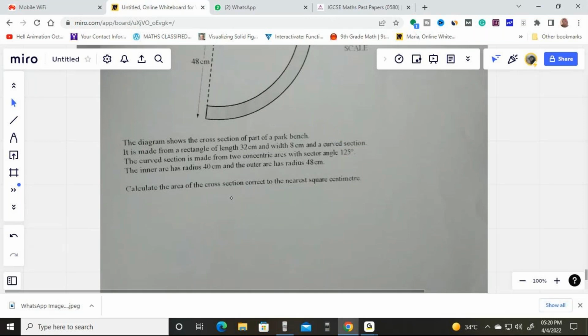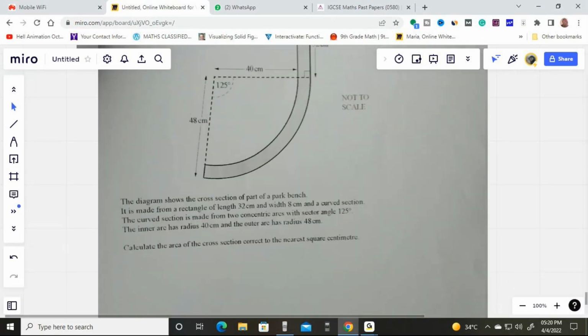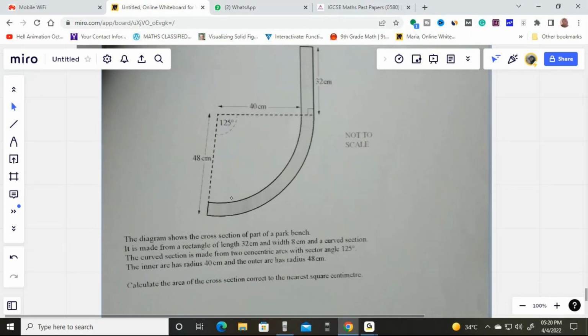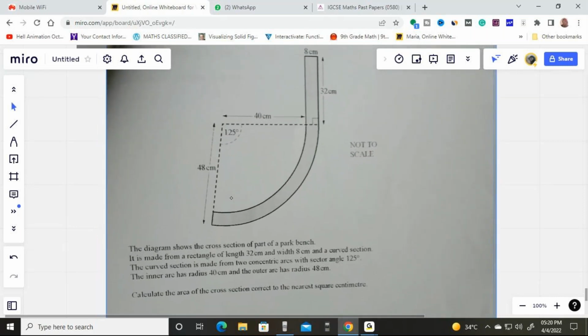Okay, what do we need to do here? Diagram shows a cross section of part of a park bench. Okay, this park bench whose cross section is given to us.